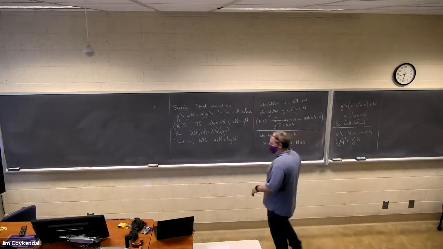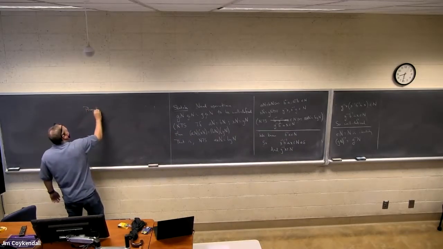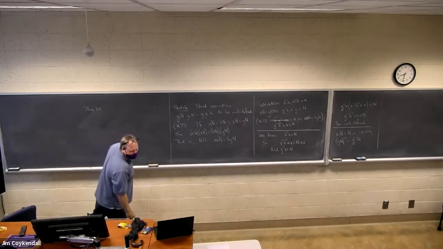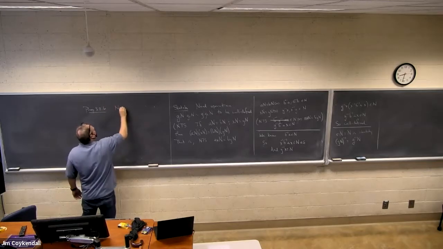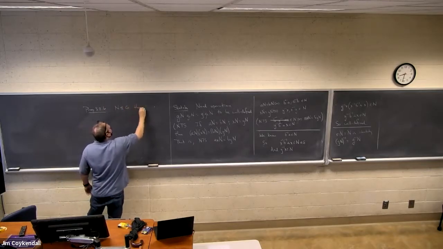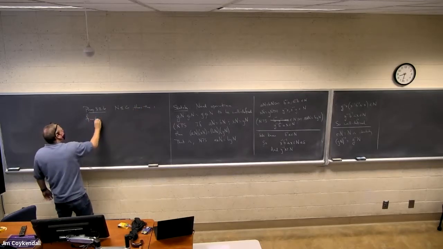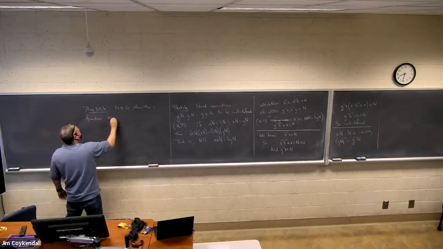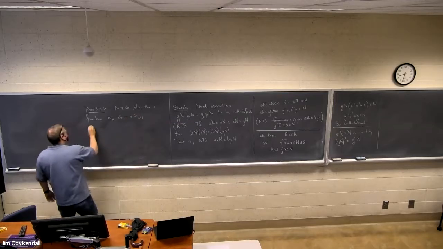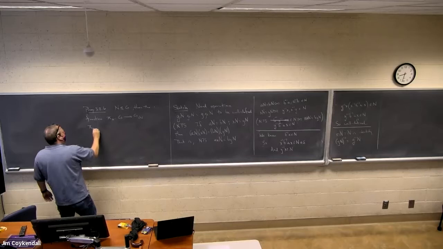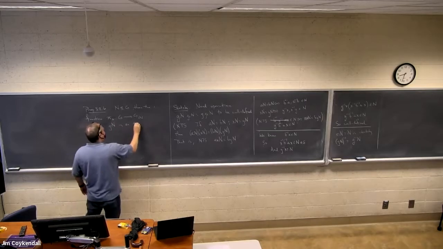We're going to call G mod N a quotient group, but it's also a proposition. If N is normal in G, then the function phi N from G to G mod N given by g goes to gN is a homomorphism.